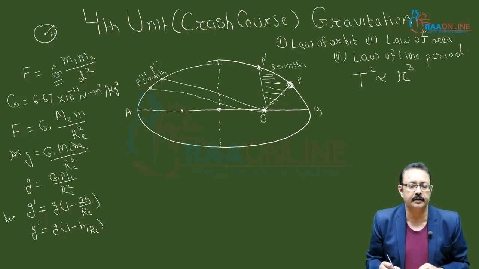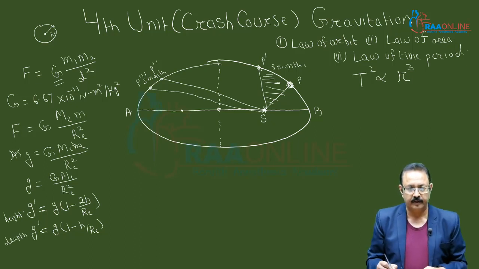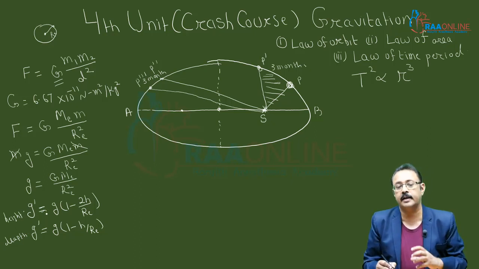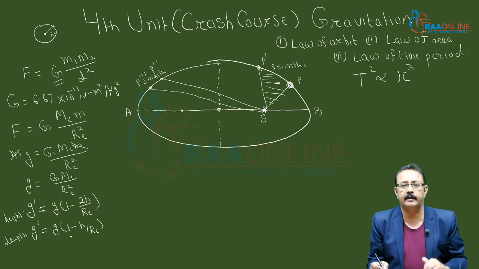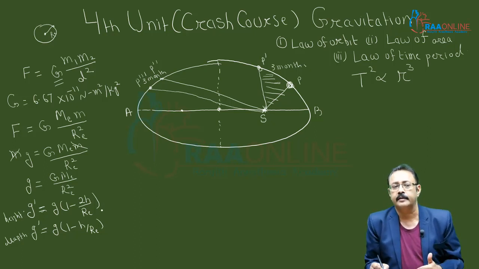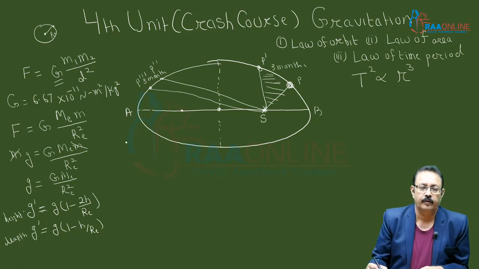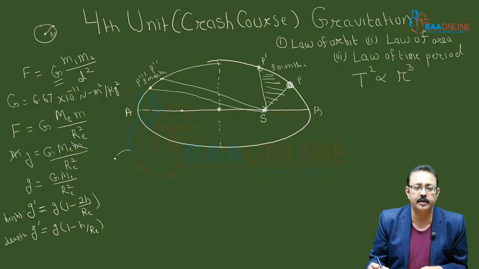On height, we are getting this. With depth, we are getting this. Why is it decreasing? When we are going inside the earth, distance is decreasing. So F should increase, g should increase, R is decreasing. No. We know that inside a gravitational shell, the gravitational field is 0.